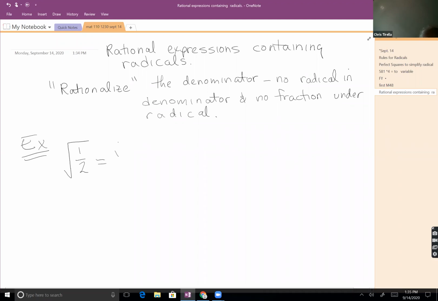So we'll change that into the square root of 1 over the square root of 2, which gives me 1 over the square root of 2. So no fraction under radical. But we're not done yet because we want no radical in the denominator.